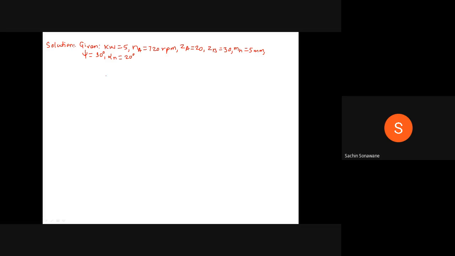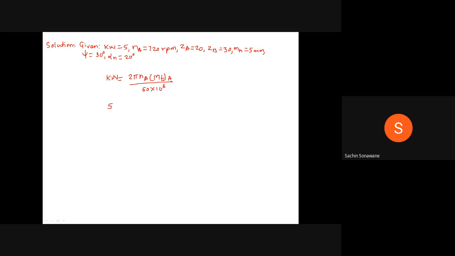Kilowatt is equal to 2 pi Na into MTA divided by 60 into 10 raised to 6. Therefore, calculate torque transmitted by gear A.